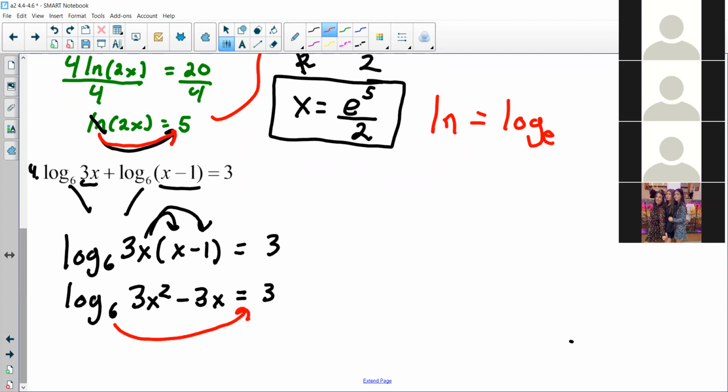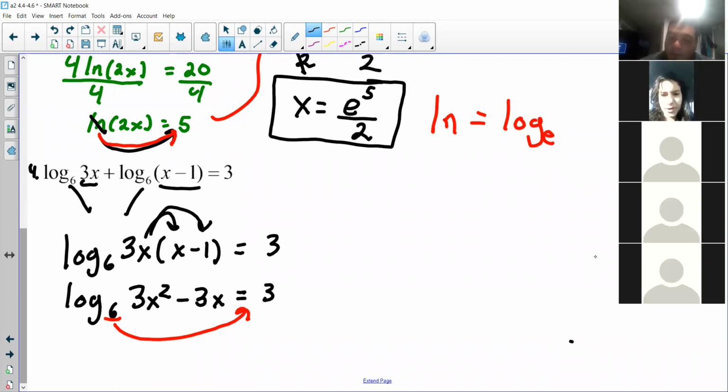And I just want to ask you, Ayana, I want to get rid of this log 6, as you mentioned. So what do I have to do to the other side? Well, I'm going to have to put the little 6 underneath it.